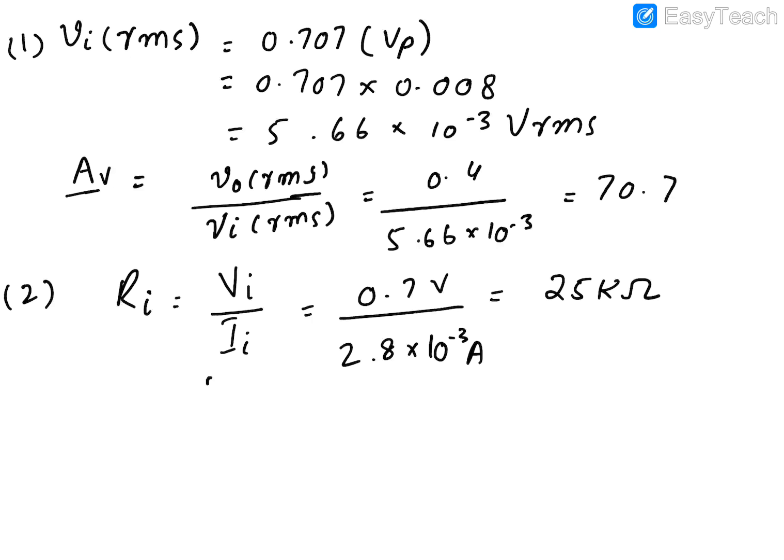The next we have to find is AC input resistance. AC input resistance will be equal to V I over I input, AC input voltage divided by AC input current. So either we can use the RMS or peak values.